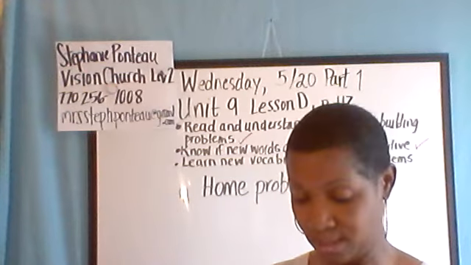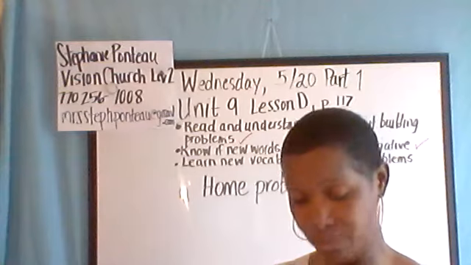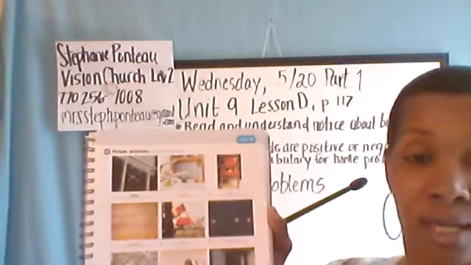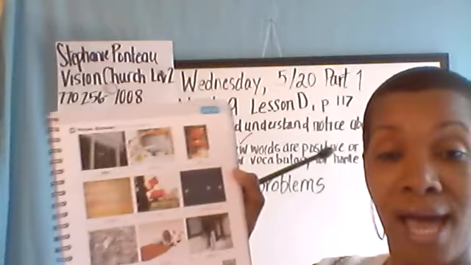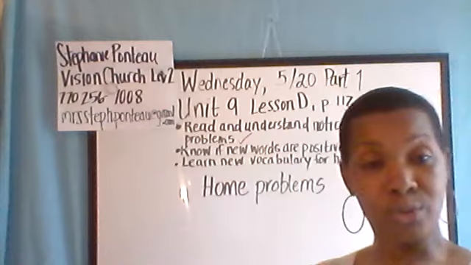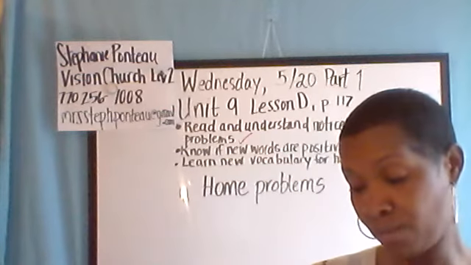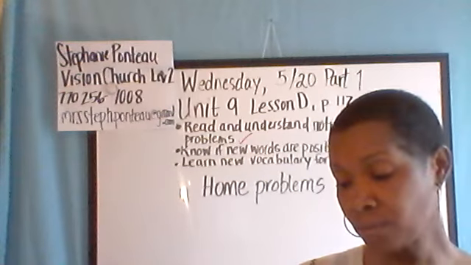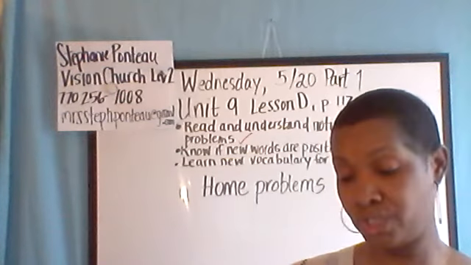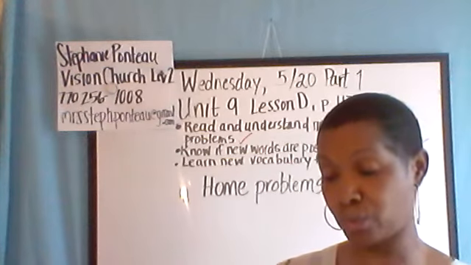And so in this lesson, go ahead and turn to page 117 in your student book, and you see a group of 9 pictures of some problems that you can have at home, right? Okay, so let's go through the words in the word dictionary first. Let's just pronounce those words.